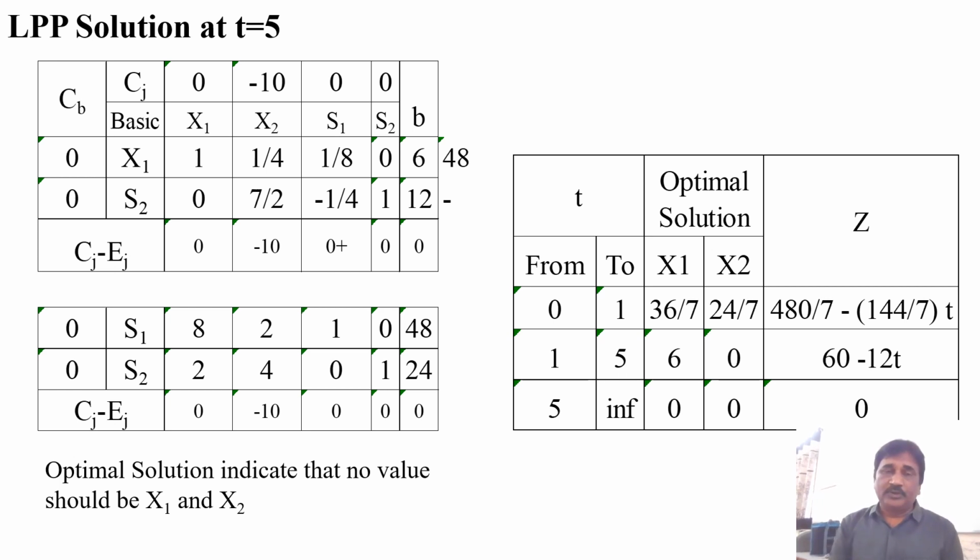As I said to you in the beginning, we have parameterized our objective function. You can parameterize the right hand side constants also. You can parameterize the coefficients of variables in the constraints, and the approaches which you have learned in sensitivity analysis can be extended to do the parametric analysis in each case.